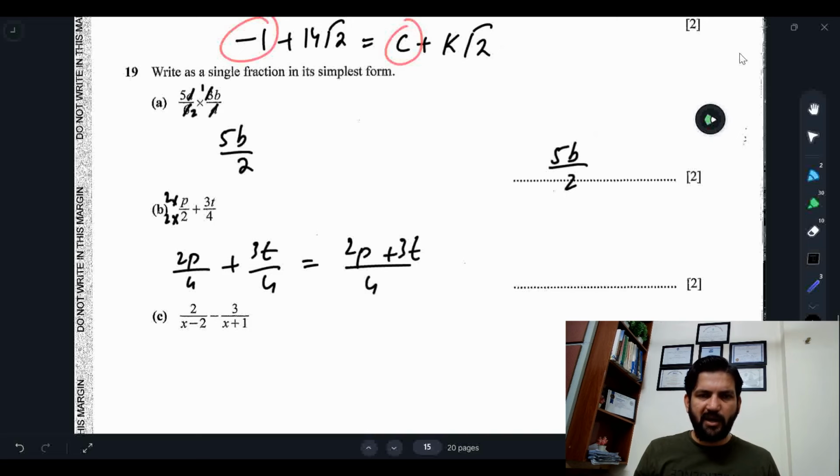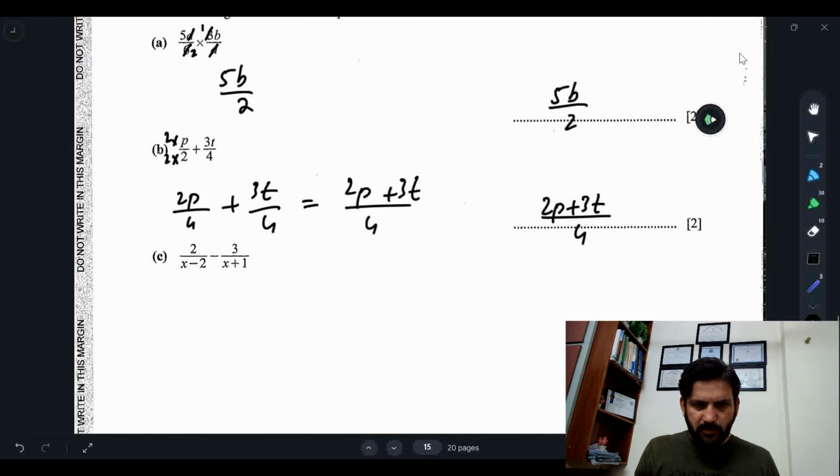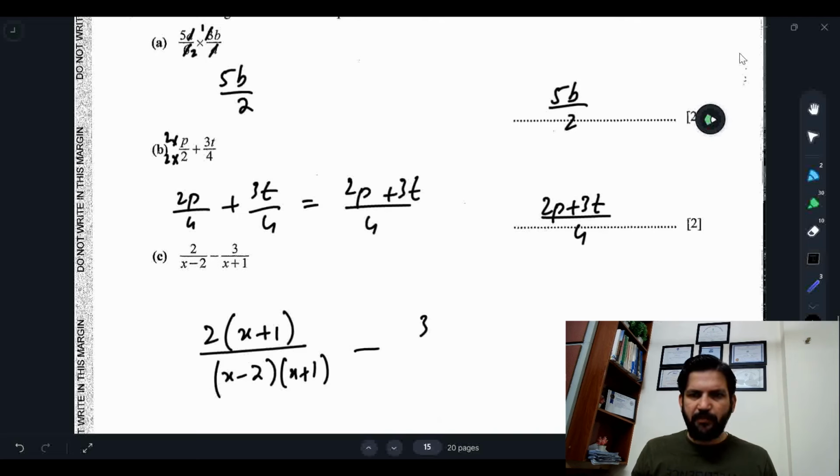In the C part, again we have to simply multiply this fraction with x plus 1 and this fraction with x minus 2, and then x plus 1 into x minus 2. We know that the denominator is the same, so we can write it as x plus 1 into x minus 2, and then we can write it as 2x plus 2.